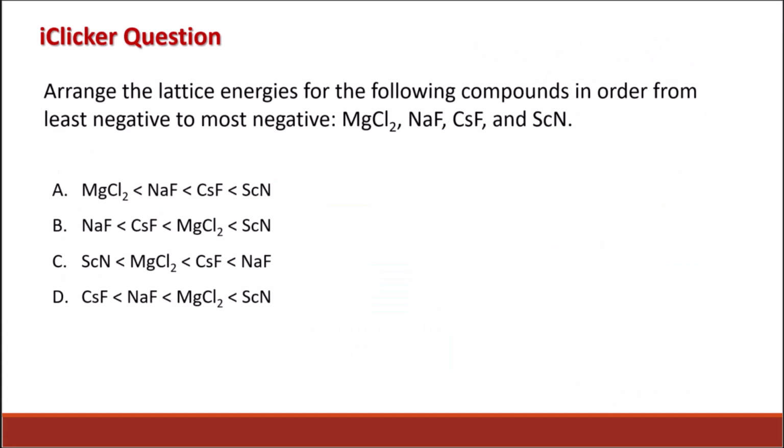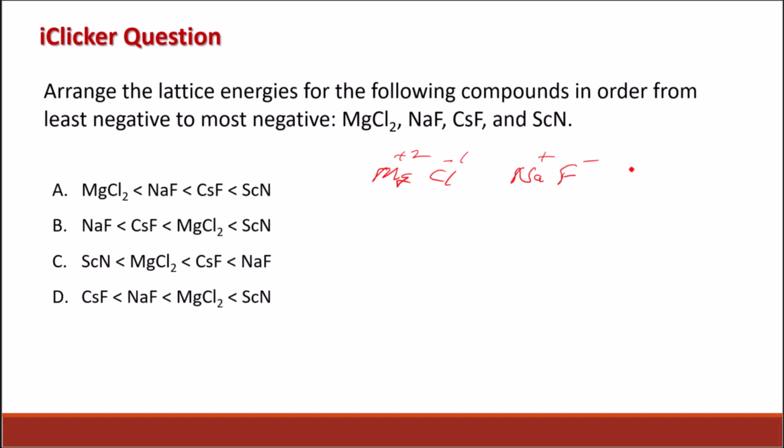Okay, let's go ahead and arrange the following compounds. So here's what we want to do. I've got magnesium chloride. Magnesium has a +2 charge. And here are our chlorine atoms. There's two of them. I'm just looking at the charge here. And then let's see, we've got sodium +1, fluoride -1.